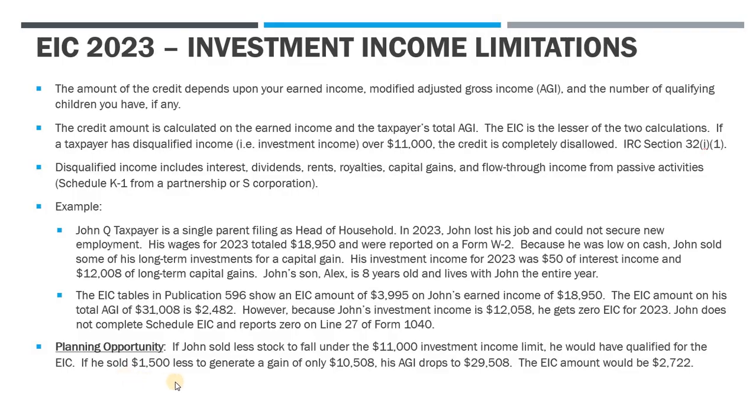Well, if he sold $1,500 less, then the gain on the stock was only $10,508, so his investment income now is $10,508 plus the $50 of interest, so $10,558 of investment income, which is under the $11,000. He's now eligible for the EIC because he hasn't hit that $11K mark, and his AGI would drop to $29,508.